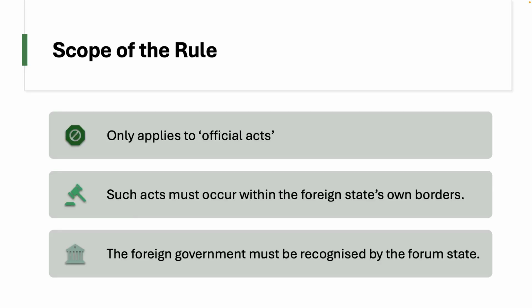And then finally, the foreign government must be recognized by the forum state at the time of the act. So the US Supreme Court and the US federal government, for example, in elucidating the act of state doctrine, has to recognize the government of the other state that is performing the action.